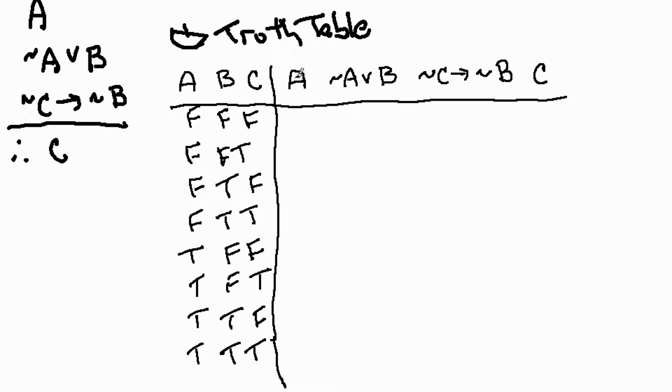Okay, so in this first row here, I'm just going to repeat the column I have from A. Okay, so let's consider this over here. Now, first of all, we know that this statement over here is true whenever B is true. So wherever I see a true for B, I'll come over here and write a true.